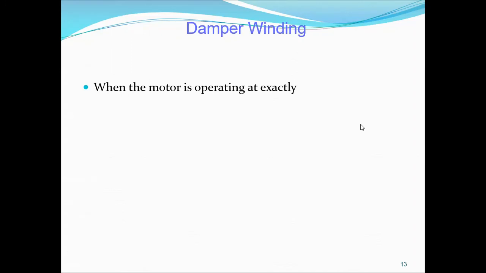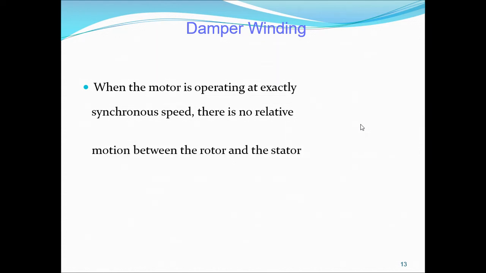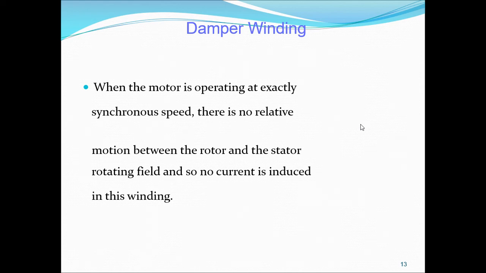So when the motor is operating at exactly synchronous speed, there is no relative motion between the rotor and the stator rotating field, and so no current is induced in the winding. That means if both the stator poles and the rotor magnetic poles are rotating at synchronous speed, then what is the relative speed?